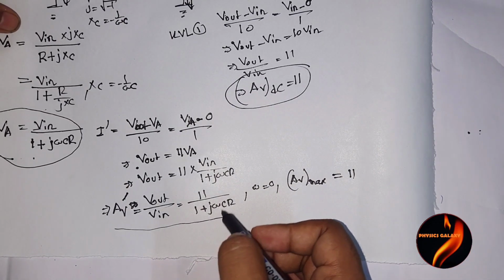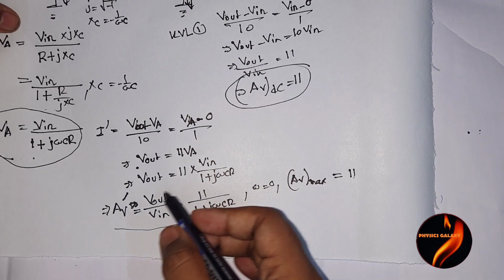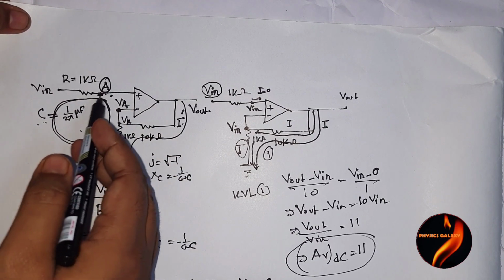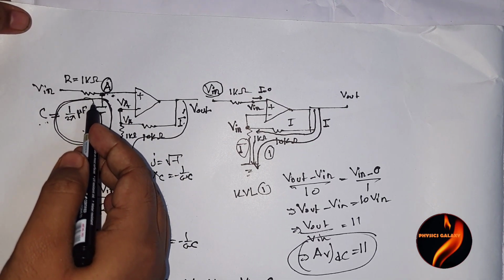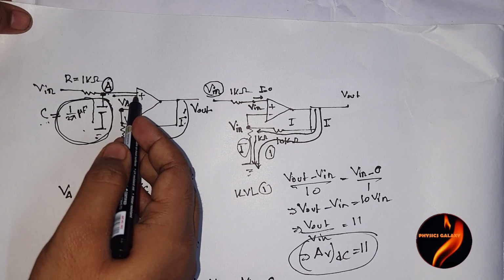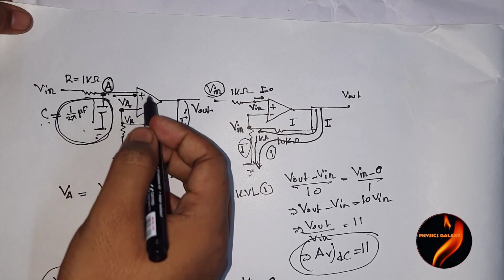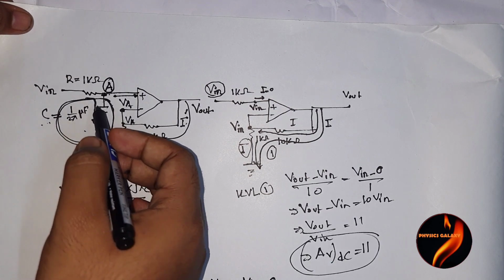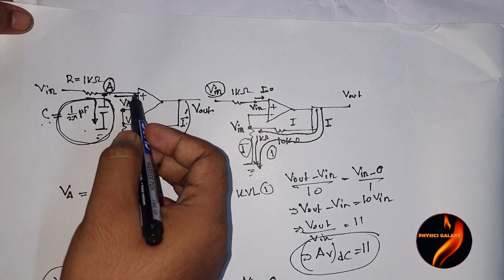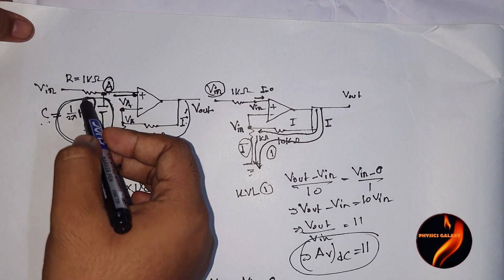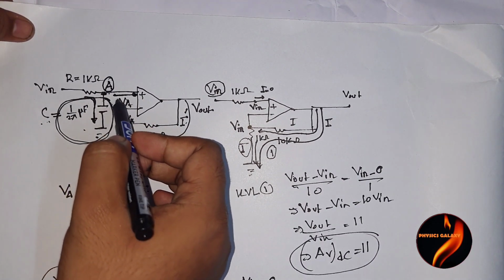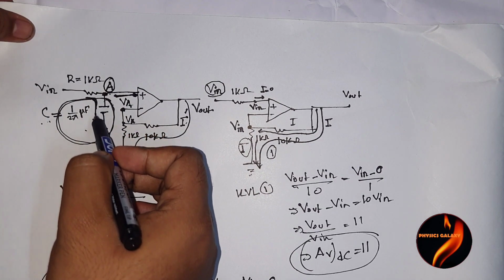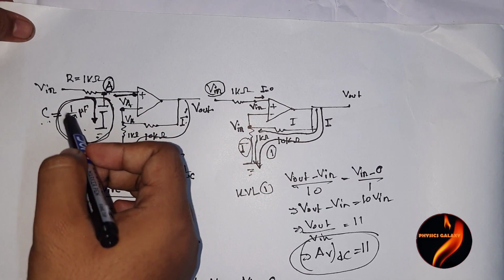If we increase the value of omega, meaning the frequency of the circuit, the voltage gain reduces. So we can say that this is a filter which passes low frequency through the op amp, and high frequency components pass through the capacitor.